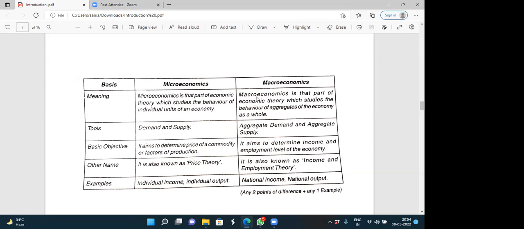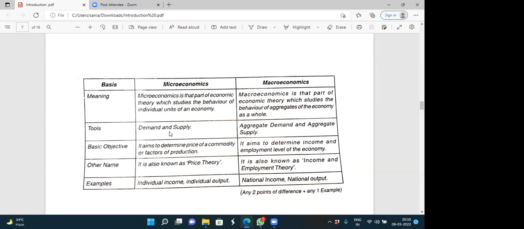But macroeconomics is the part of economic theory which studies the behavior of the aggregate of the economy as a whole. So in microeconomics, we study the behavior of the economy as an individual unit, but in macroeconomics, we study the behavior of the economy as an aggregate, as a whole.